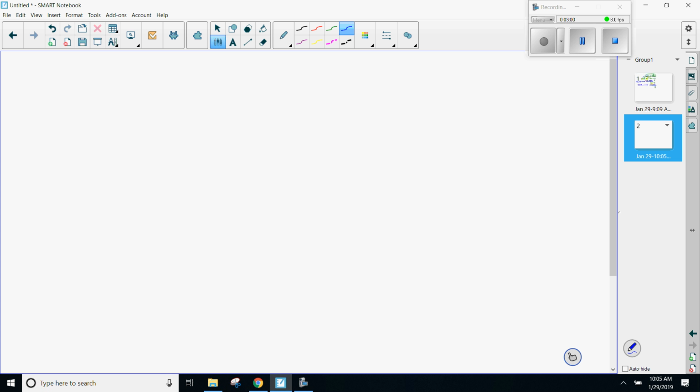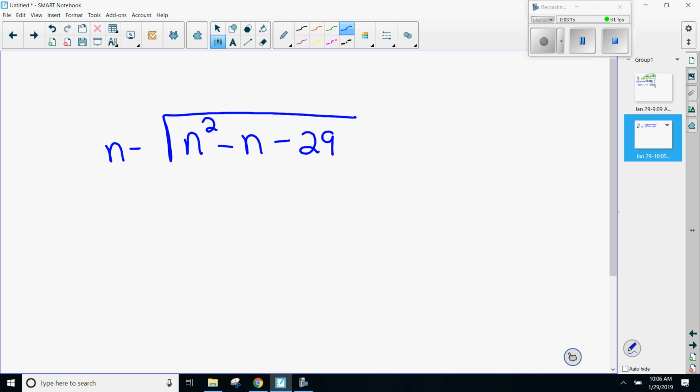Okay, so the next one, remember 2, so I'm going across. So you're going to take n squared minus n minus 29, and we are going to divide that by n minus 6. So what do you multiply n by to get n squared?